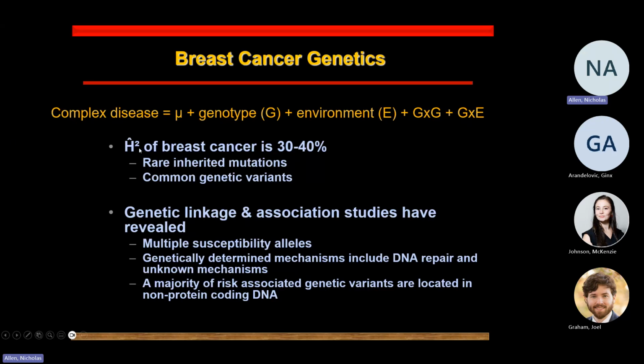In the germline, the estimates of heritability, that's the amount of variation that's genetic that contributes to the disease, that's what we call heritability. And the estimate for breast cancer is about 30 to 40%. This comes from twin studies where they study concordance in monozygotic twins and compare it to concordance for the disease in dizygotic twins.